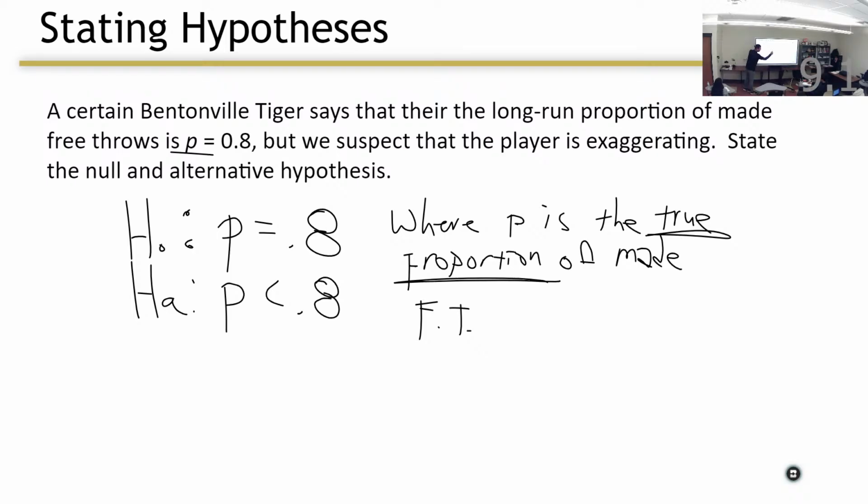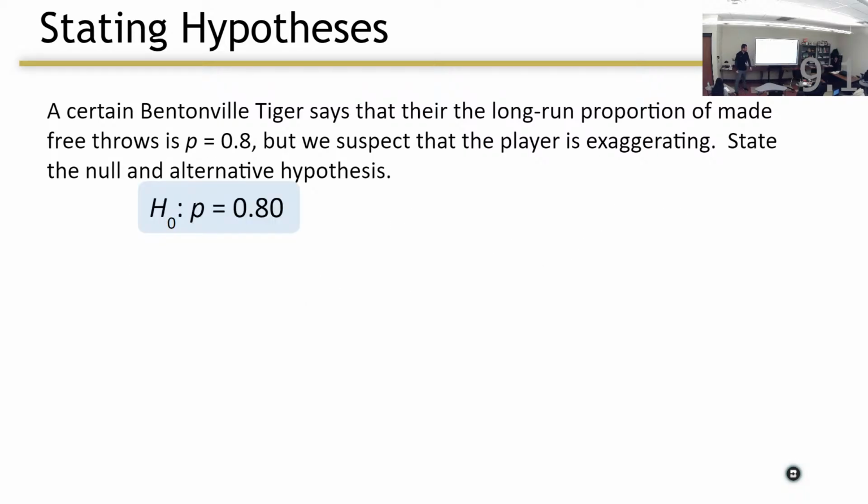Very few students forget to define it. Because if you do one of them, chances are you're going to get all three in there. Good enough with all that? It's not going to be hard to figure out. We either think they're over- or underestimating, or we think it's different. It's not a trick. And then you're going to know whether it's proportions or means. Good enough? One more example.